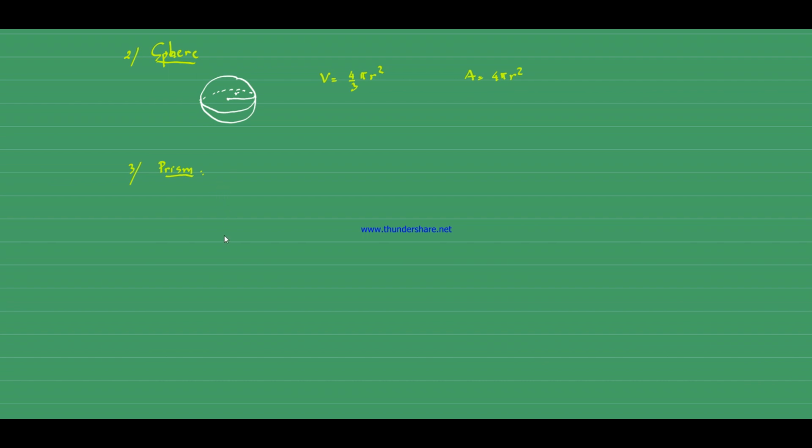The base of the prism could be a square, or it could be any polygon, as long as we know the area of it. So let's say that the prism I have over here has a base that is a square.